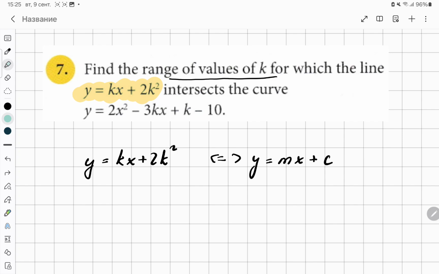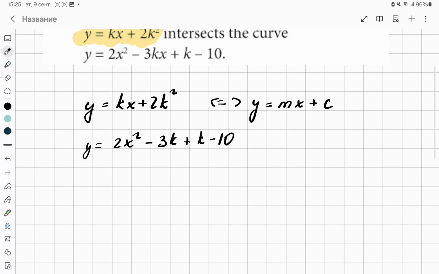But it is not the focus of this part of the solution. We should just understand that it is the equation of a line. The same way, if we consider the second equation, since k is a number again, we have the equation of a quadratic function, which is a parabola.